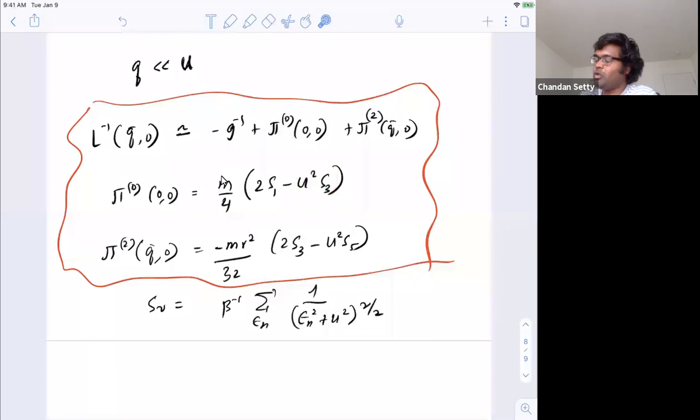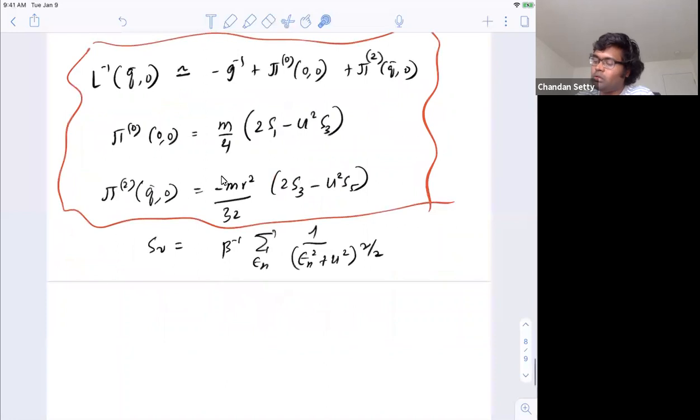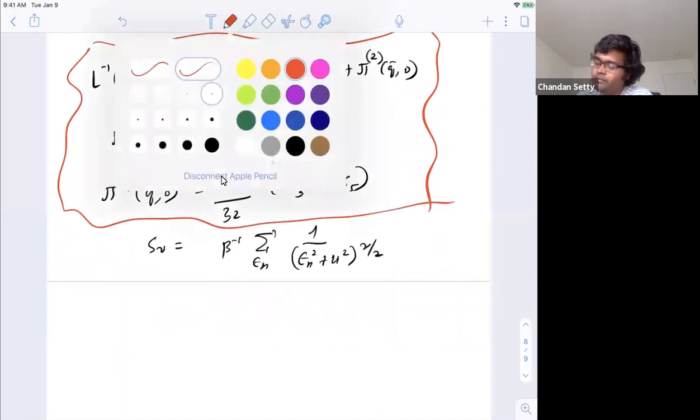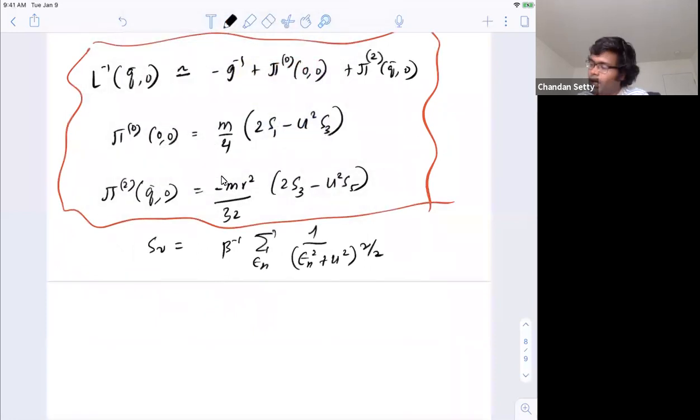Okay, I can do the sum exactly. S1 is a divergent sum, so I need to put a cutoff, and I'll call the cutoff lambda, or big lambda. And I will solve this in the limit where lambda is much, much larger than U, which is much, much larger than temperature.